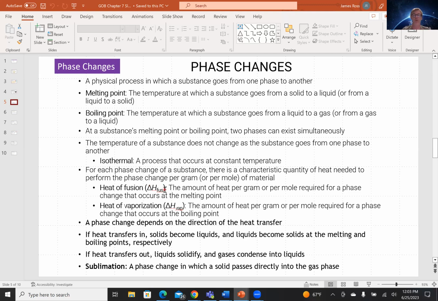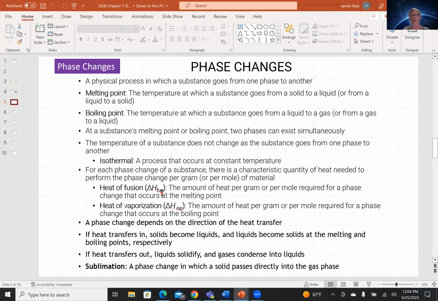If we went backwards, if we condensed, it would just be minus enthalpy of vaporization. And if we froze something, it would be minus enthalpy of fusion. So we keep the same label, we just add a minus sign if it were going in the opposite direction.